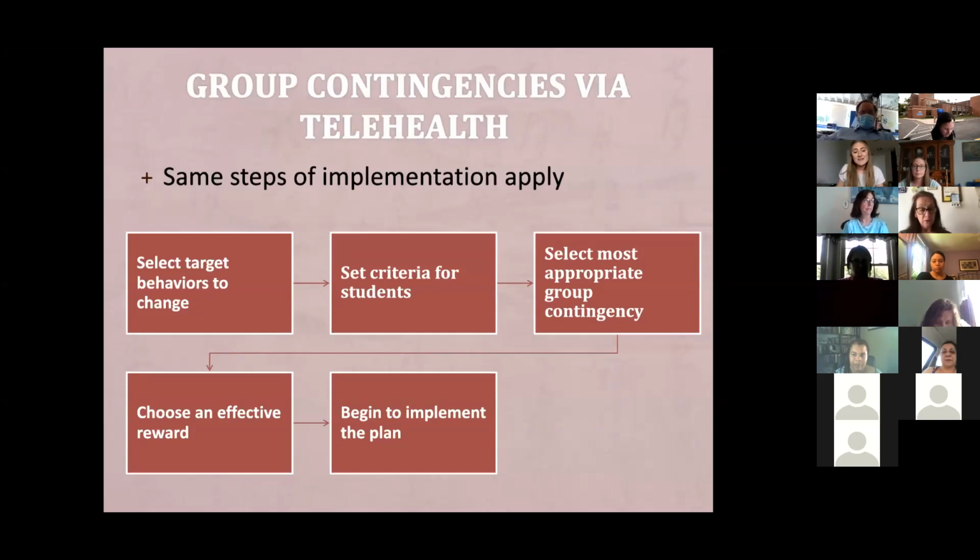You're going to choose an effective reward. And this is where you have to get really creative and see what your students find reinforcing right now. And then communicate all of that to your students and their families. If you're working in the elementary schools with the littler kids, maybe you're communicating this information to their parents, and you can begin to implement your plan.